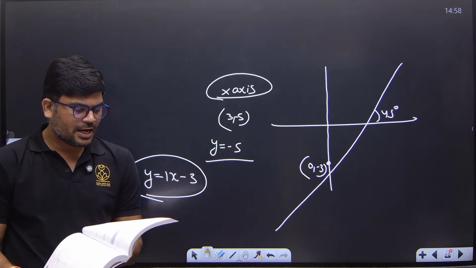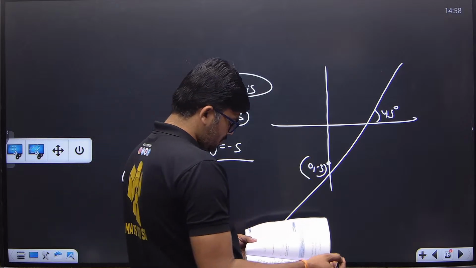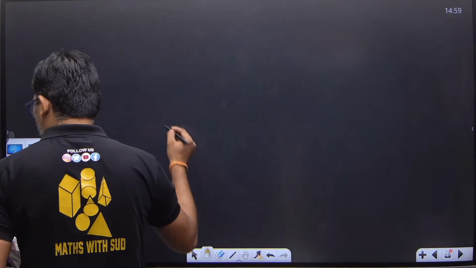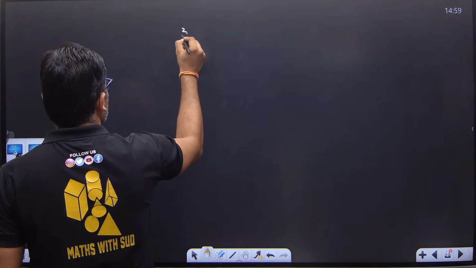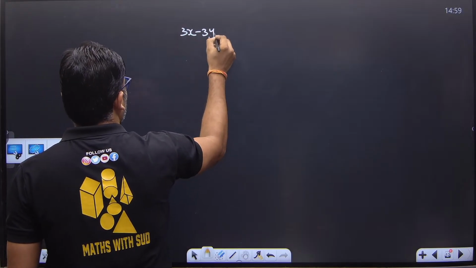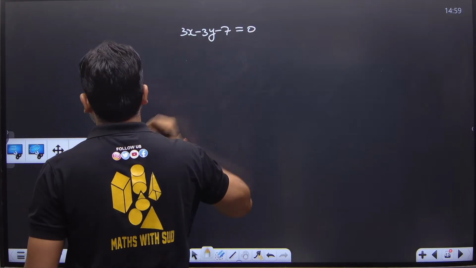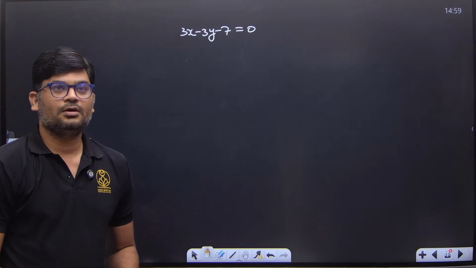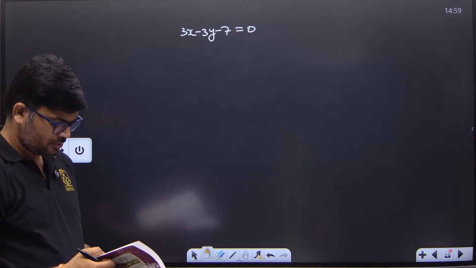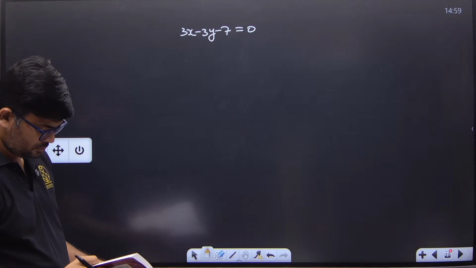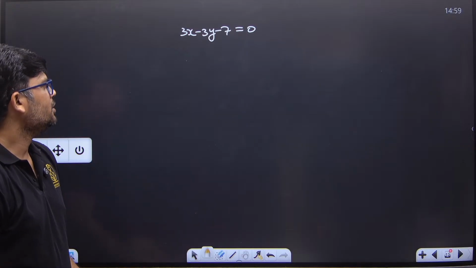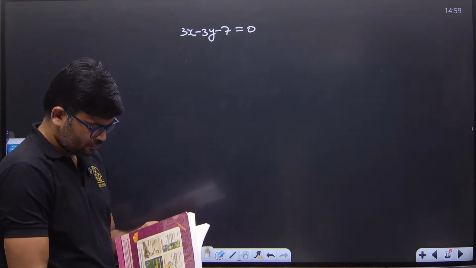Then they're asking you to write the equation of a straight line given by the formula 3x minus 3y minus 7 is equal to 0. You have been given this equation.